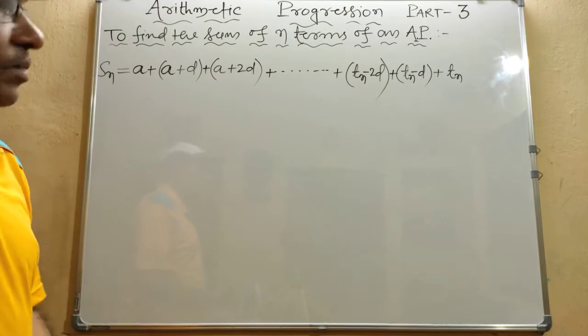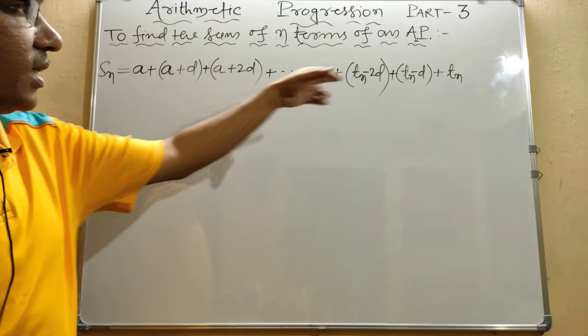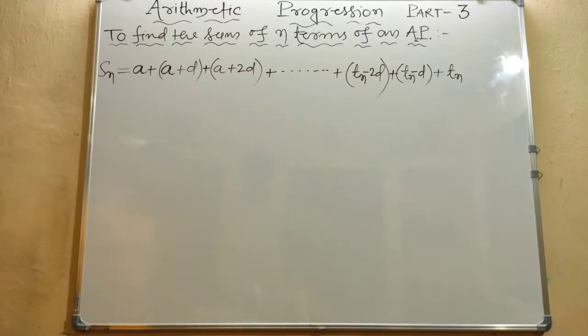I hope you have understood what we are going to do here. By finding the sum, we can find the sum of any arithmetic progression up to any number of terms. Let us find it first.